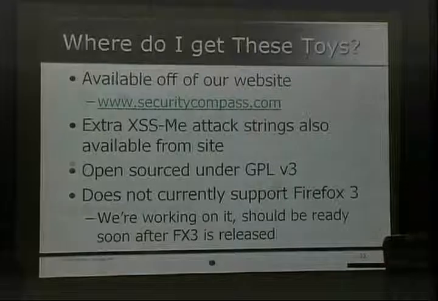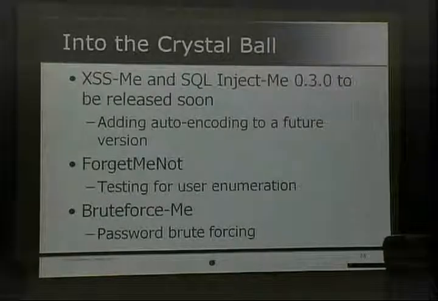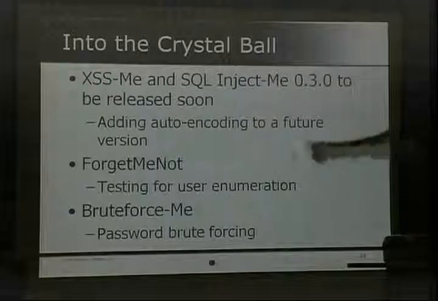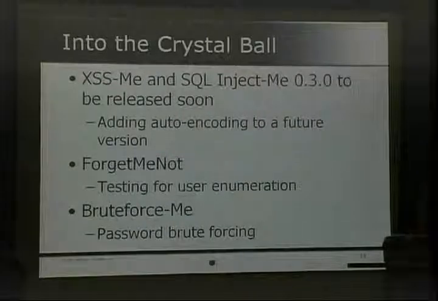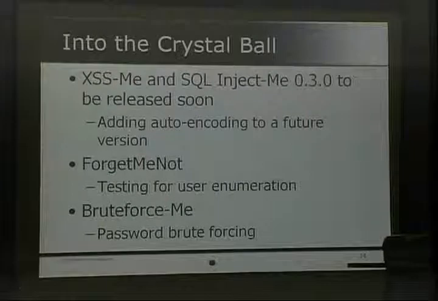And in terms of future tools, as Saba said, SQL Inject Me and Cross-Site Script Me 3 are going to probably release next week at RSA. Eventually, we're going to add the auto-encoding, which somebody brought up. We also want to add stored cross-site scripting. Those are both kind of nasty to do because the scope is huge.